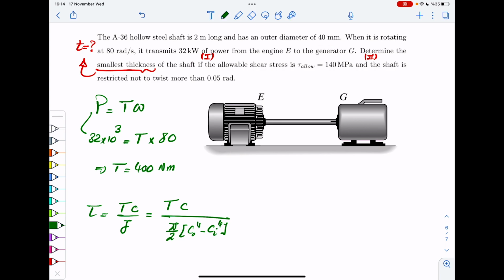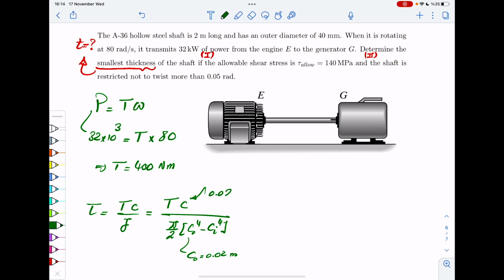So your outer radius CO is 20 millimeters, or 0.02 meters. And then the same holds here. So this C, or the outer radius, would be also 0.02. T is 400, as we just calculated.